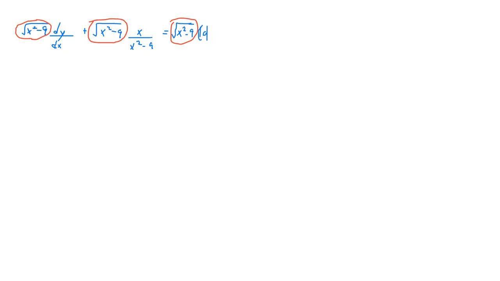So this term here would, well, no, let me just write it here. Hold on. Okay, so we have the square root of x squared minus 9 times dy/dx. Okay.